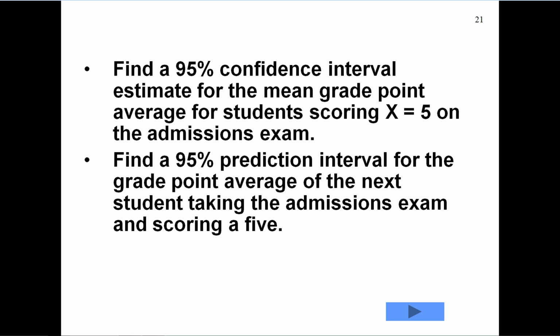We want to find a 95% confidence interval estimate for the mean grade point average for students scoring 5 on the exam. And then we want to find a prediction interval for the grade point average of a particular student who has an exam score of 5. Again, the second challenge is a lot more difficult than the first, because variation, when we're talking about means, gets smoothed.